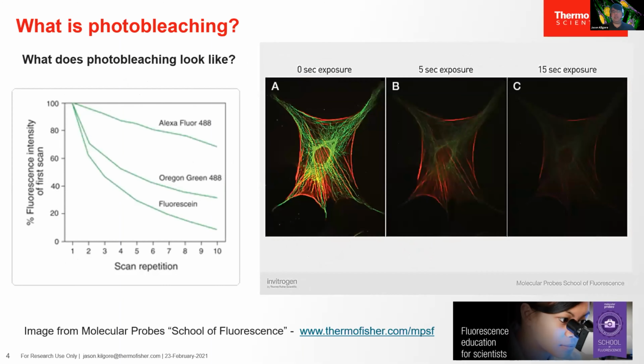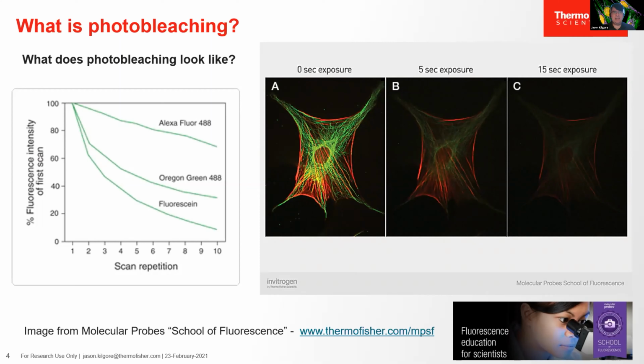So what does photobleaching look like? Well, here on the right, you can see an example image of a cell labeled for tubulin in green and actin in red. And with continued exposure to light, you actually have a dimming effect of the dye. This is actually quite long exposures, 5 seconds and 15 seconds, on some Alexa Fluor dyes. And on the left, you can see an example plot of some of these dyes.